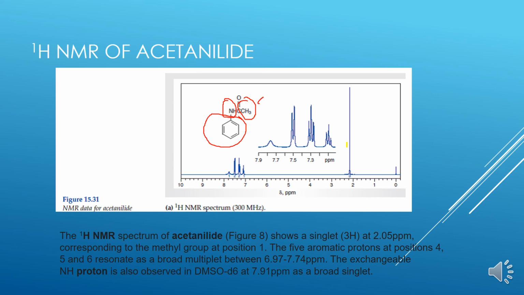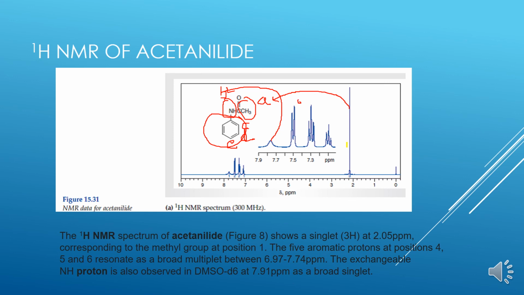This is labeled as A. This is B. Aromatic protons are C, D, and E. Ortho proton is C, meta protons are D, para protons are E. This broad peak is for NH. This shielded peak is for methyl, and the remaining are C, D, E.